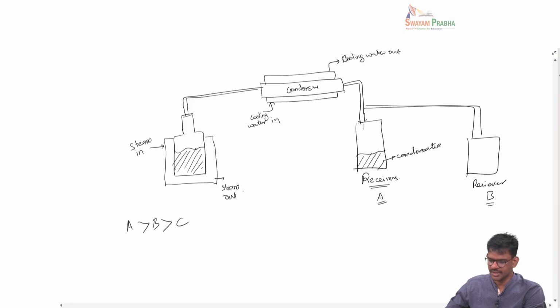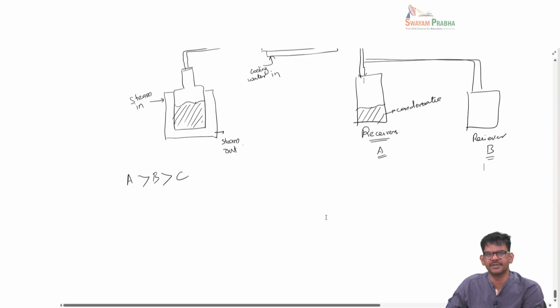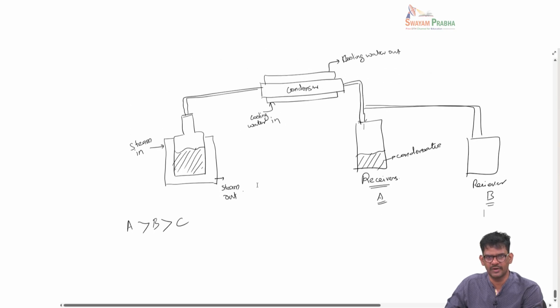So now, having looked at this particular schematic, we will set up a mathematical formulation or model to understand how we operate this batch distillation.